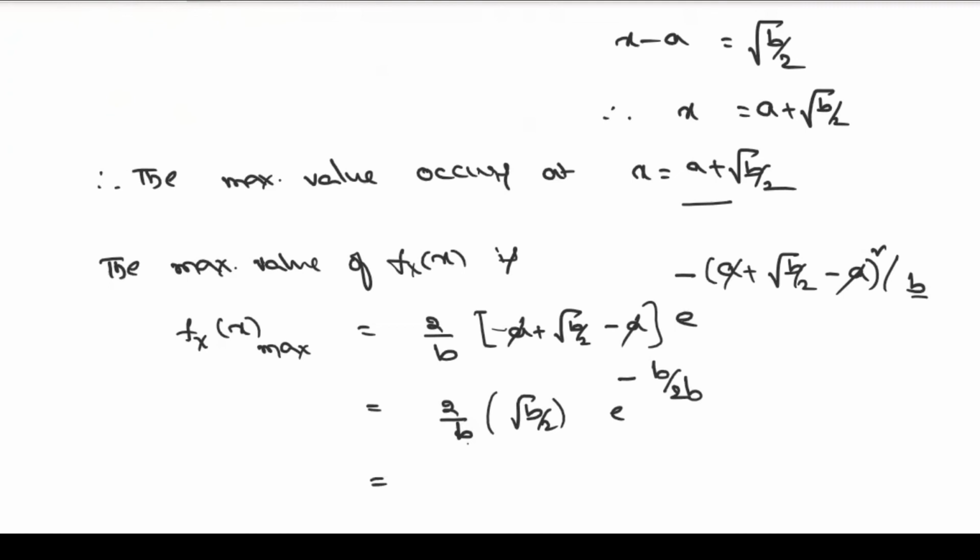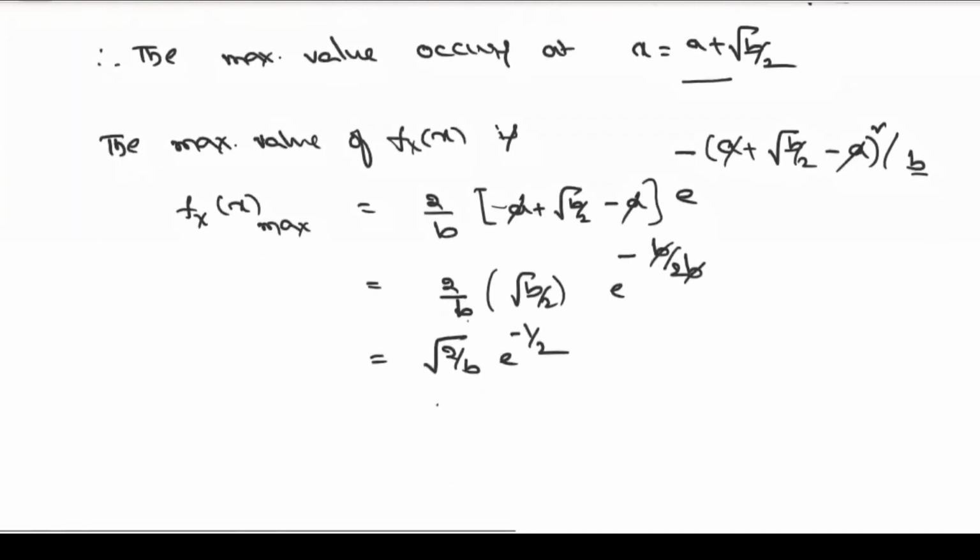What you can write is root of 2/b, and here b gets cancelled, e^(−1/2). Finally, if you take e^(−1/2) simplification, the maximum value f_X(x) max is going to be 0.607 root of 2/b.